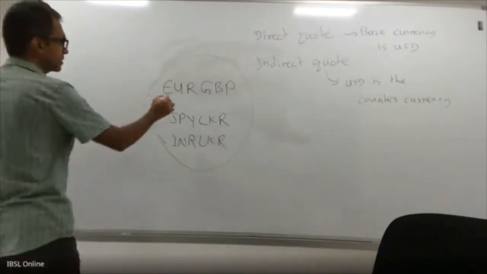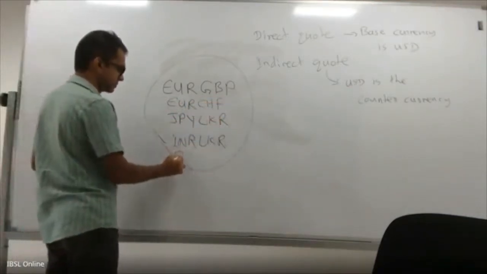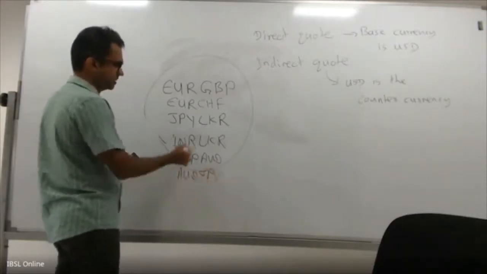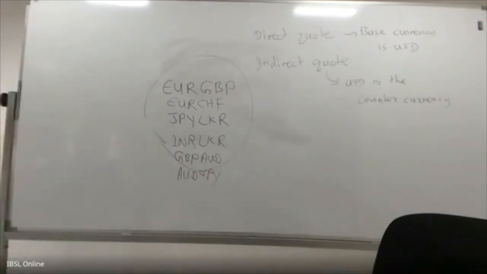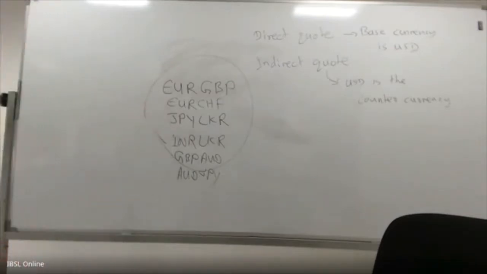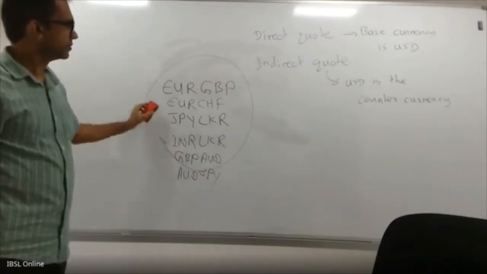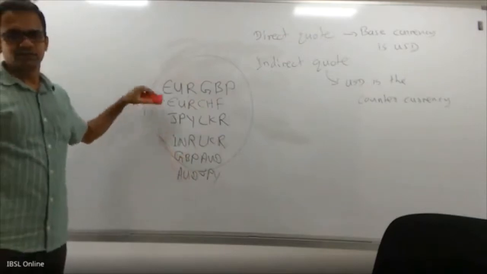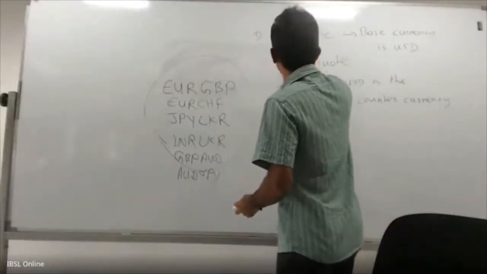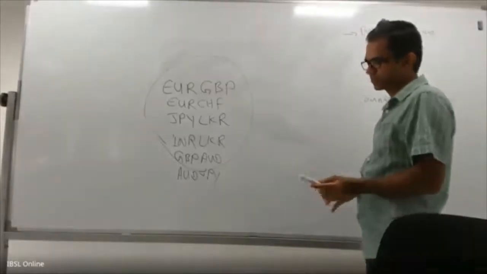There can be many: Euro CHF, GBP AUD, AUD JPY. We can create many pairs like this because there are a lot of currencies in the world. In any pair, the dollar does not appear. What do we call the exchange rates of this sort of currency pairs? Cross currency. We call them cross currency.